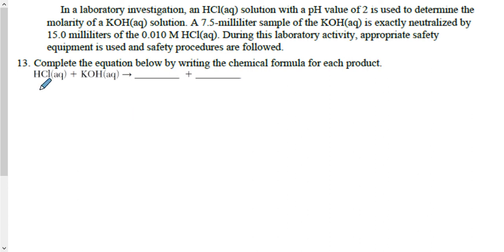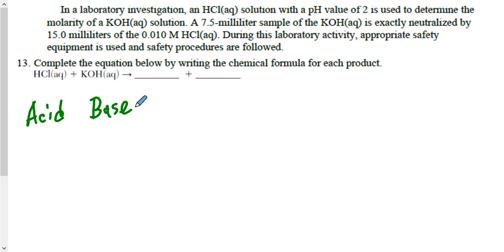Again, I would be looking at reference tables K and L. HCl is an acid based on table K. KOH is a base. It has hydroxide in it. That's a clue. If you cannot find it in reference table L, at least you know HCl is an acid, so KOH must be a base.